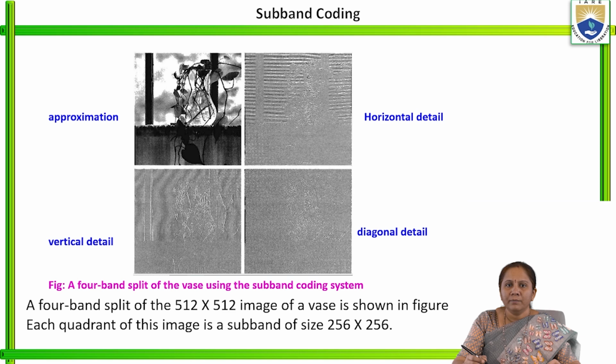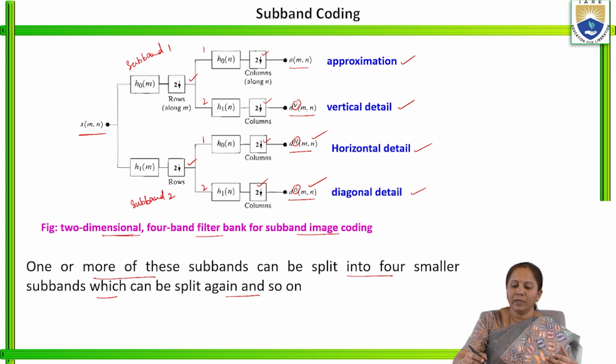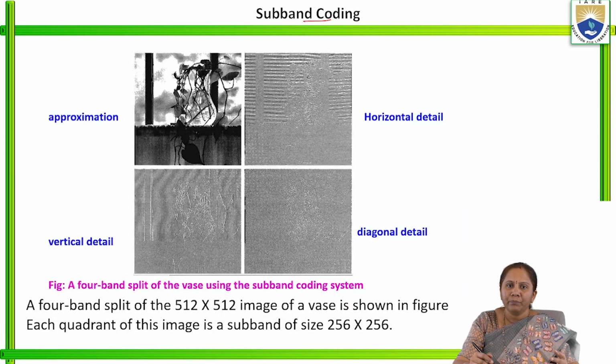Here we have considered an example in order to show this subband coding, like the 4-band coding we have seen in this figure. The outputs of all these 4 bands are approximation, vertical detail, horizontal detail and diagonal detail. Let us see all these 4 types in this figure.